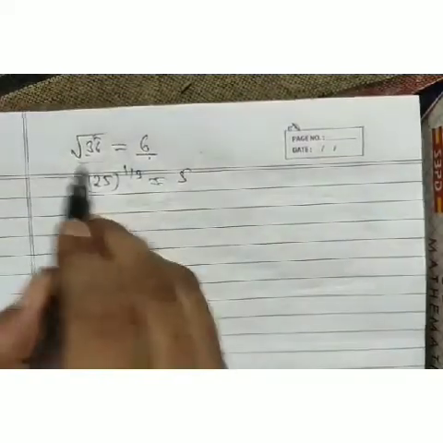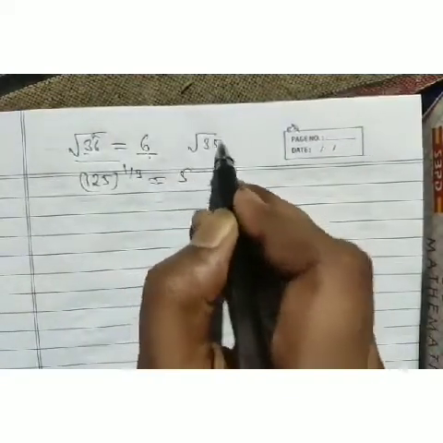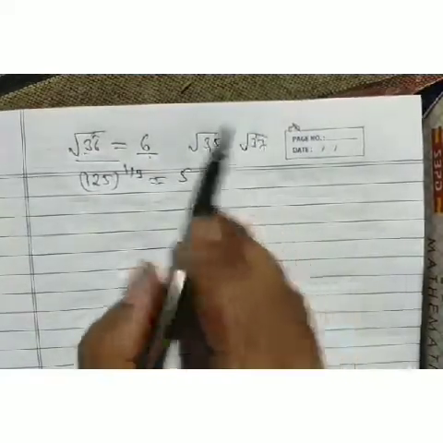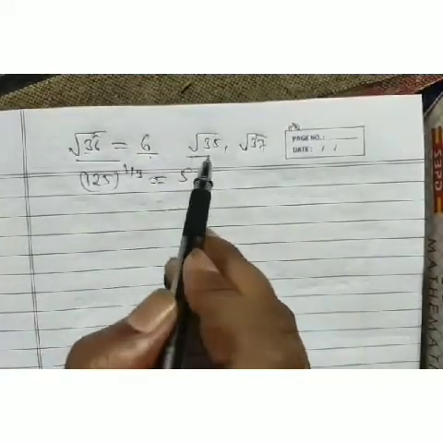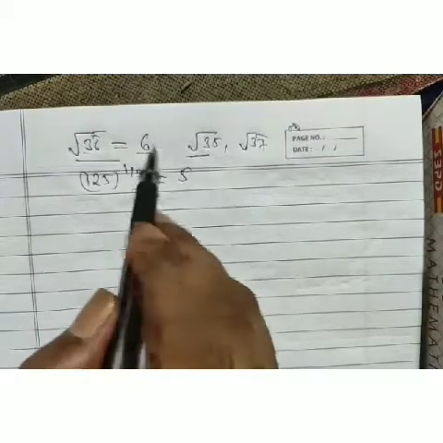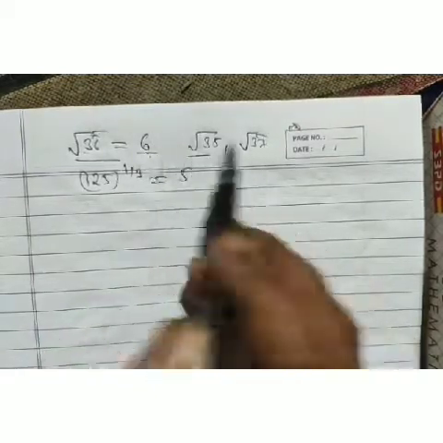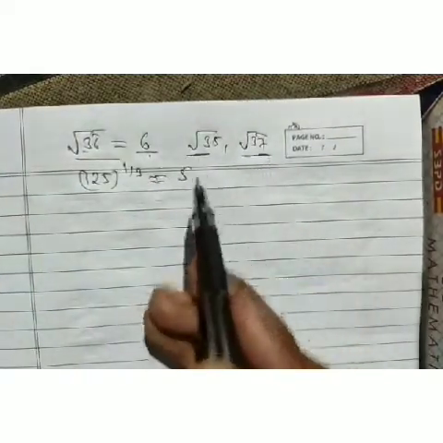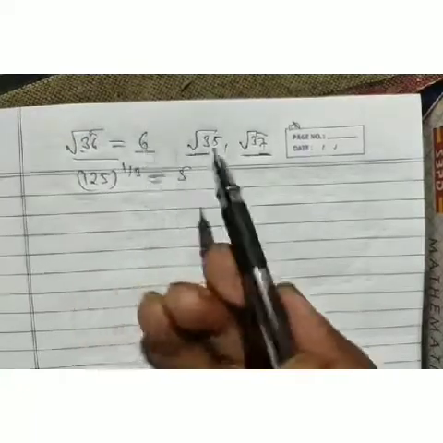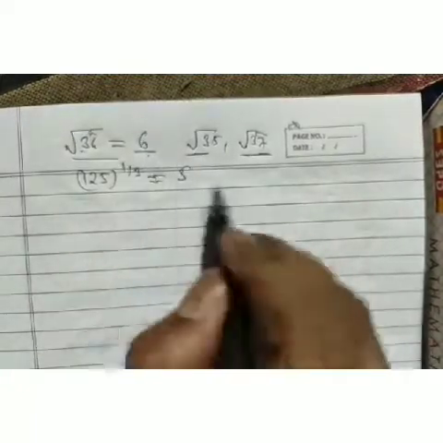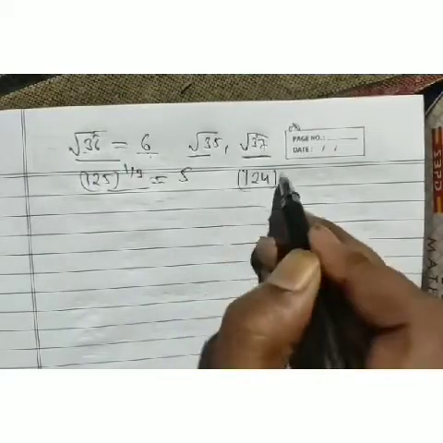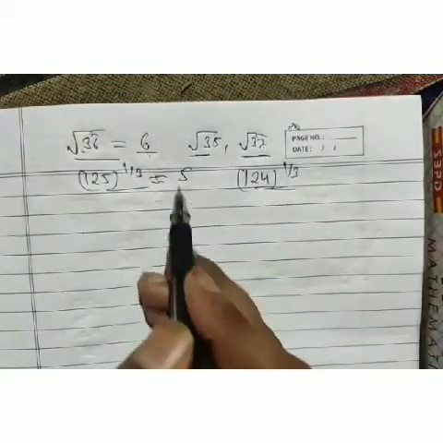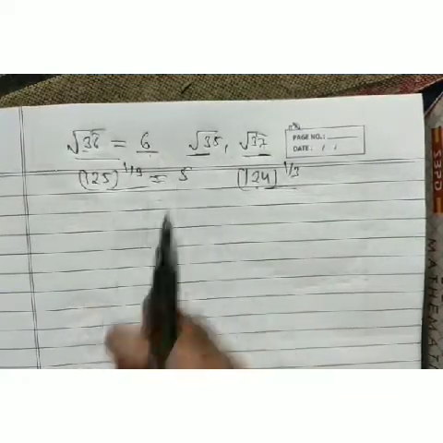But if I ask the value of root 35, your answer would be near about 5.9, 5.87 something. For root 37, it's near about 6.1 something. For 124 to the power 1 by 3, maybe approximately 4.9 something.